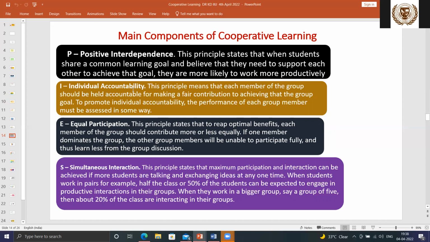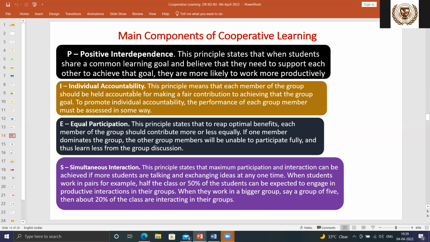Then individual accountability, as I already explained to you all, this principle means that each member of the group should be held accountable for making a fair contribution to achieving the group goal. And to promote individual accountability, the performance of each group member must be assessed in the same way.